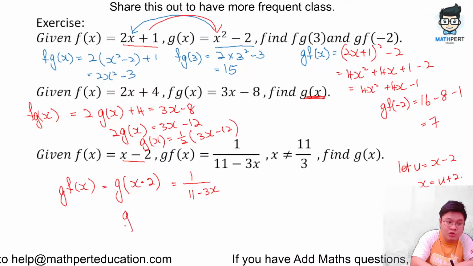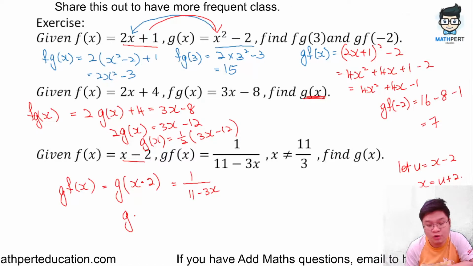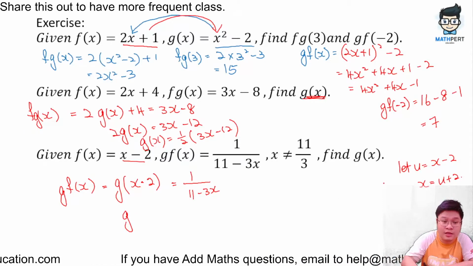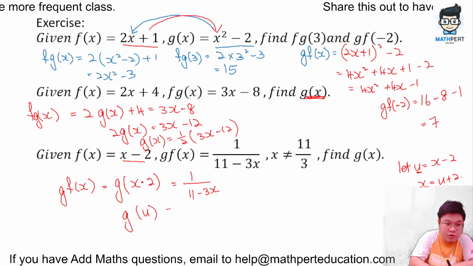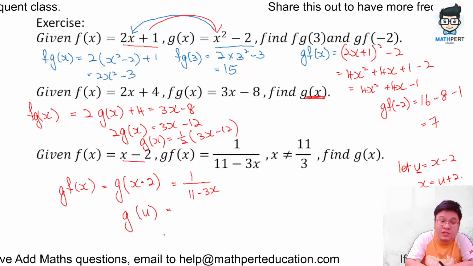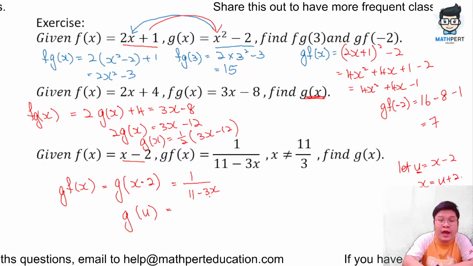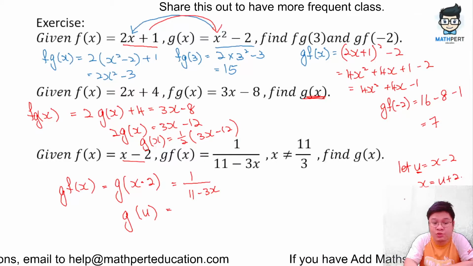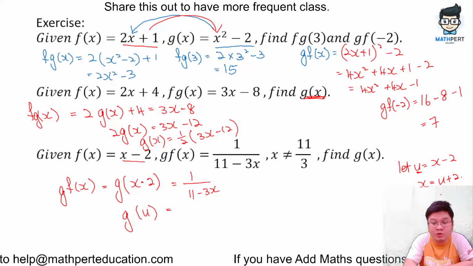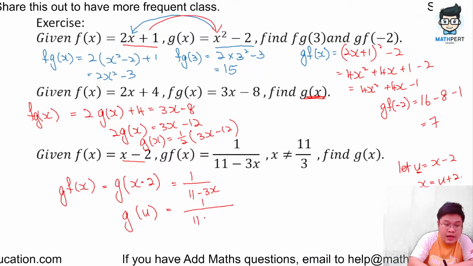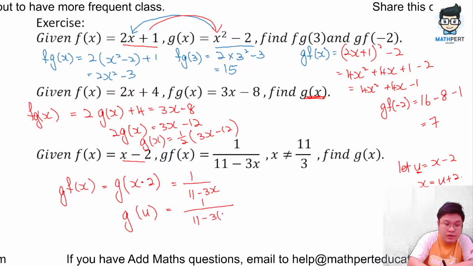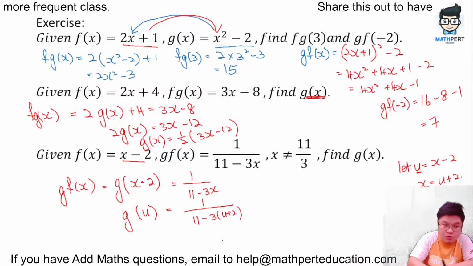Then now g(x minus 2) is the same as g(u). g(u) will be equal to this. Since this is u, we need to change all the x to become u, where x is equal to u plus 2. So it will be 1 over 11 minus 3(u plus 2).